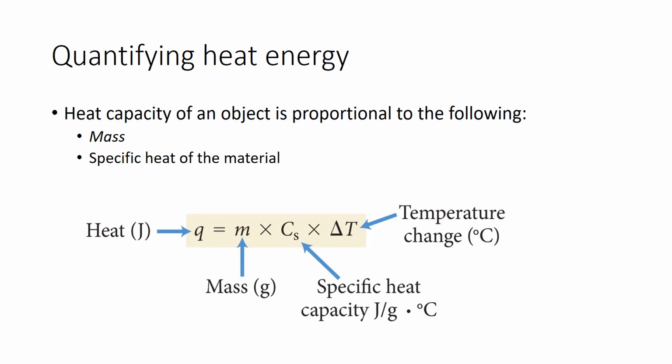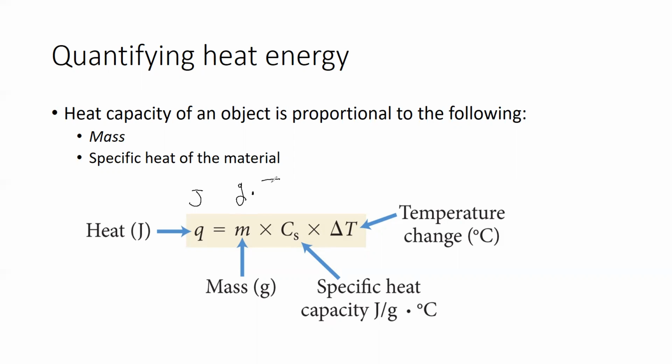So let's look at how the units work out here. Remember, we talked about this, I believe on Monday, that the SI unit of energy is the joule. So that's what our heat is going to be in. Mass is in grams, multiplied by c sub s. That s means specific heat, and that's joules per gram centigrade.